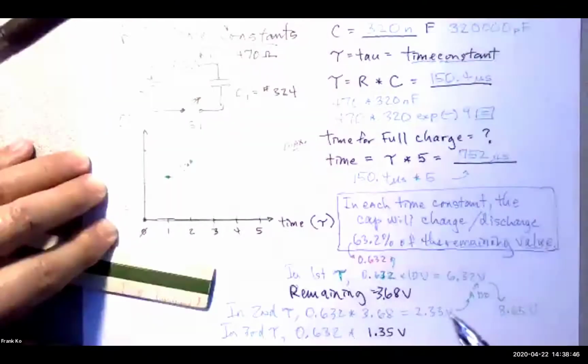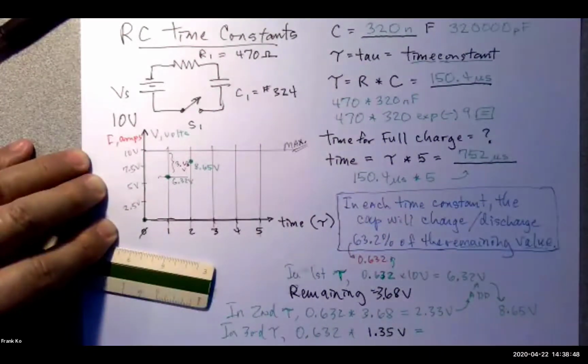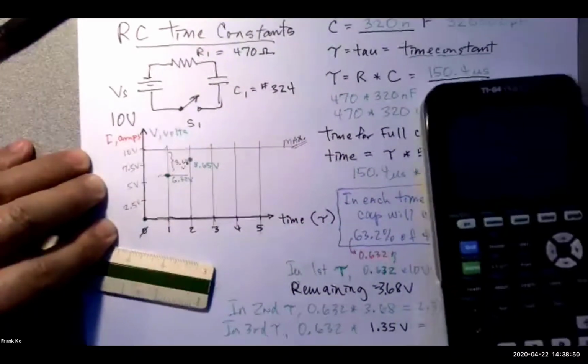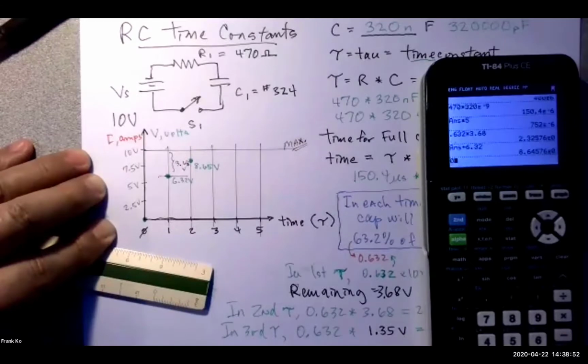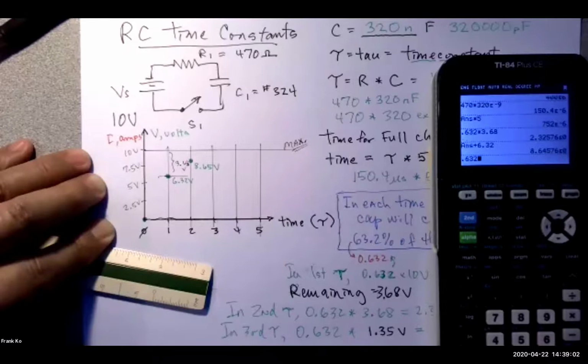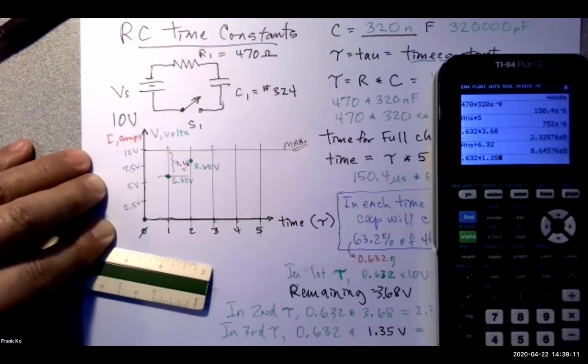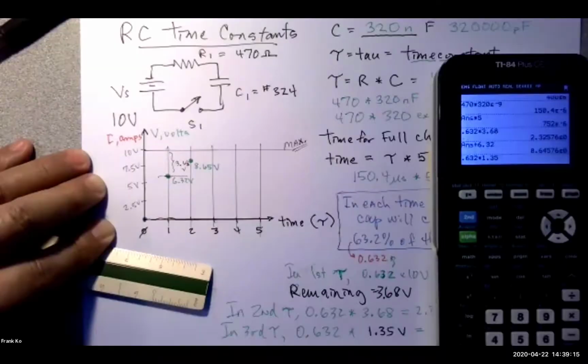Excellent. So when we go to do this calculation, we will pop our calculator back in, and I got 853.2 milliamps. 0.632, and we're going to multiply by 1.35. You almost called it out correctly. It's not milliamps. It's voltage.